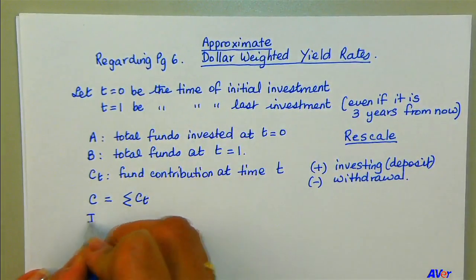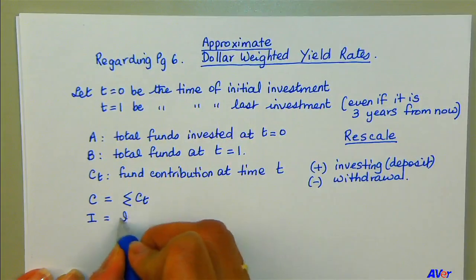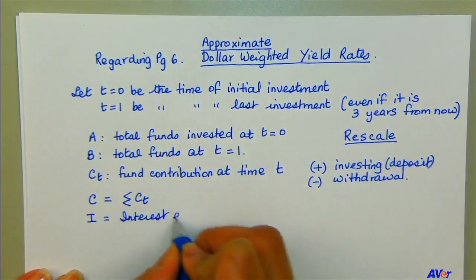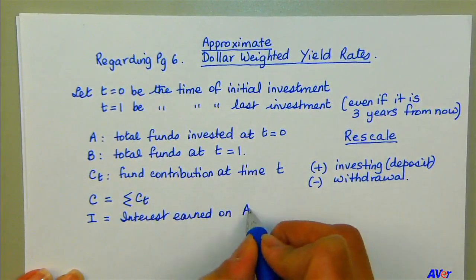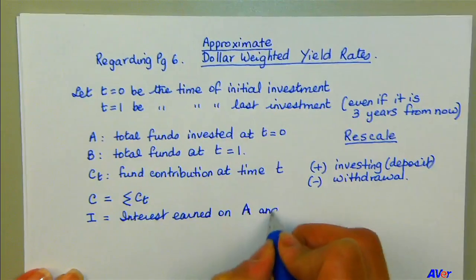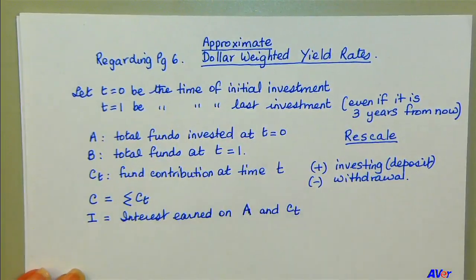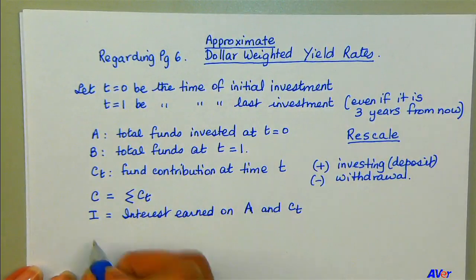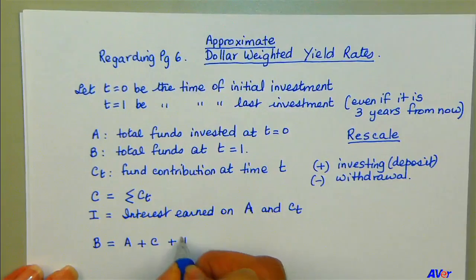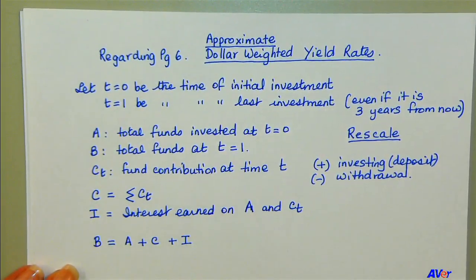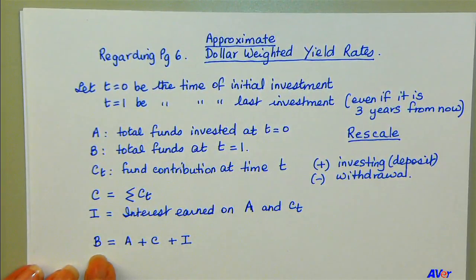Let I be the interest earned on A, which is the initial investment, and C_t, meaning all the contributions. Then B equals A plus C plus I. So I'm saying that the total funds at t equals 1 is going to be what you started with plus what you contributed plus the interest earned on both of those. Agree?